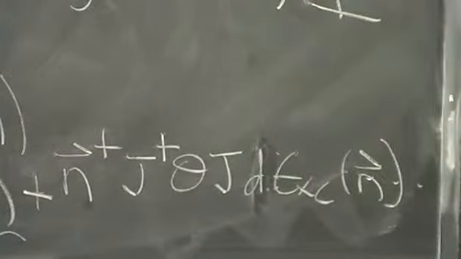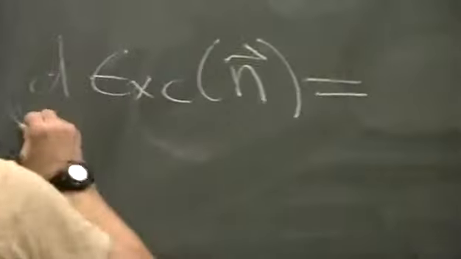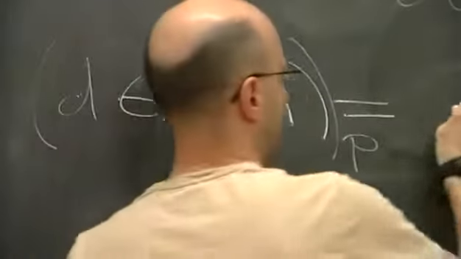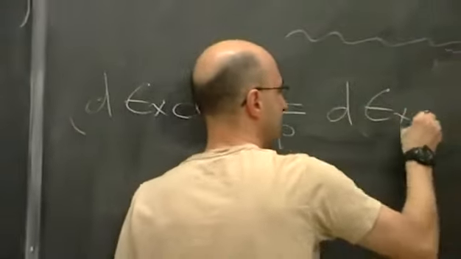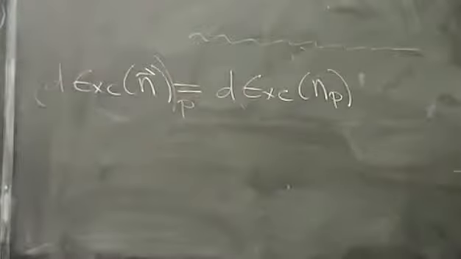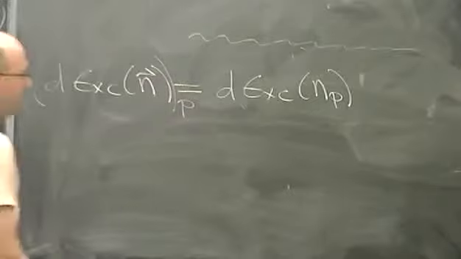Well, we better get back to definitions, right? So the pth component of that is the differential of EXC evaluated on the pth component of n. Right? That's just the definition of the component of that function.